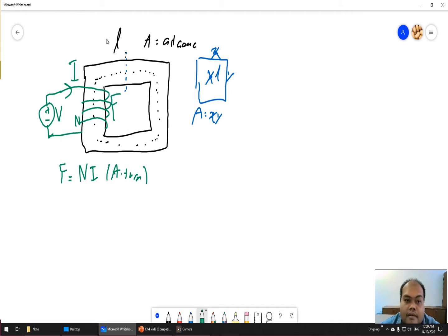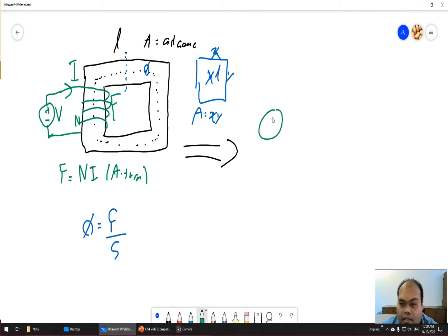And then the flux. Remember, flux is F divided by S. So what is S? Reluctance. Remember that I said you have to convert this into a circuit like an electrical circuit, which has a resistor and a flux.